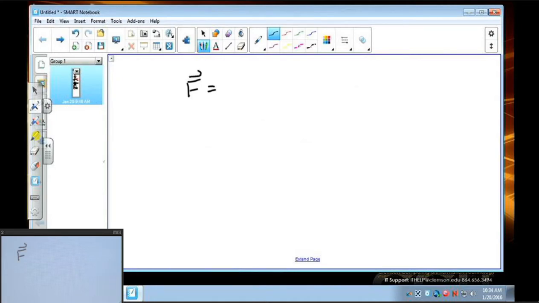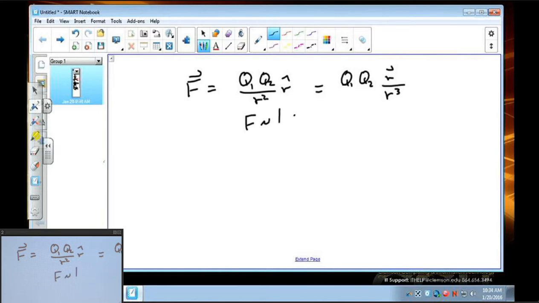So the force, Coulomb's law, goes like Q1 Q2 over the distance squared, using R as the vector from 1 to 2. Or if you're wanting to calculate things, it may be easier to use the R vector over R cubed. And the force goes like 1 over the square of the distance between the two.